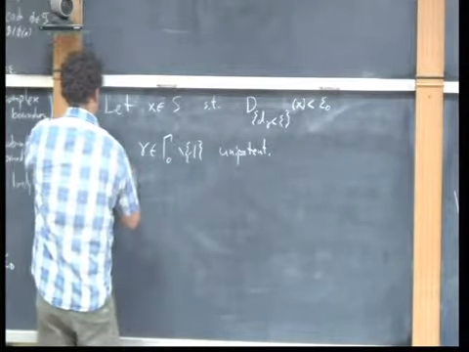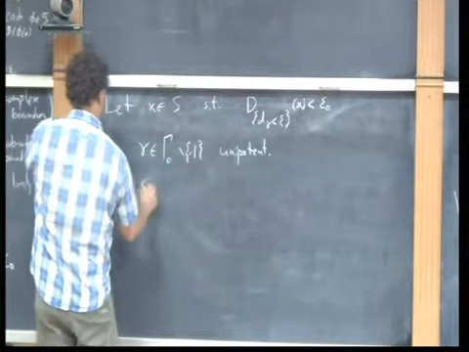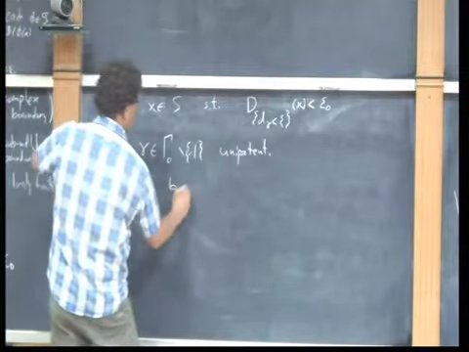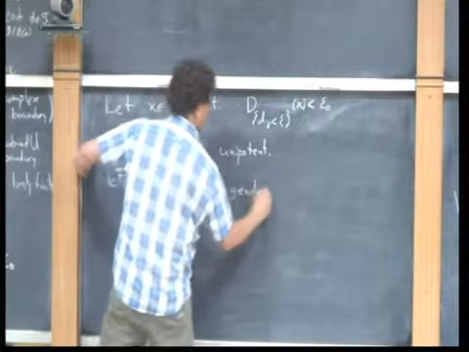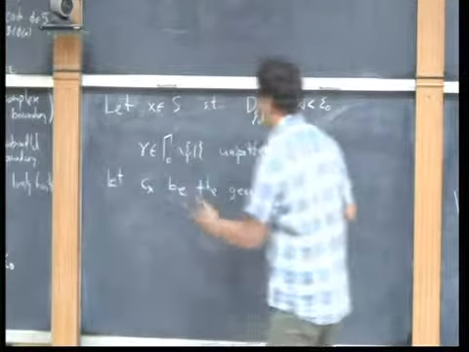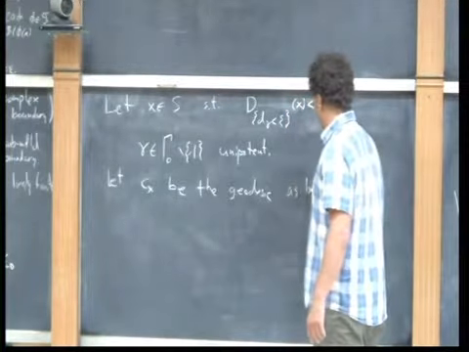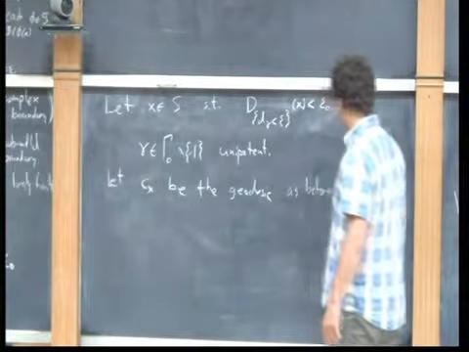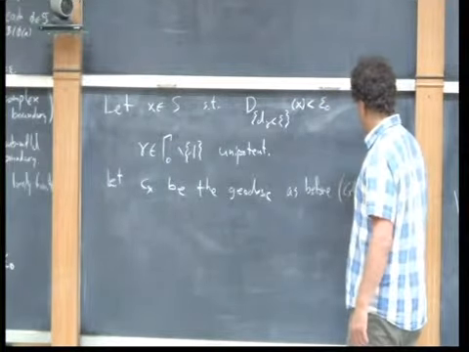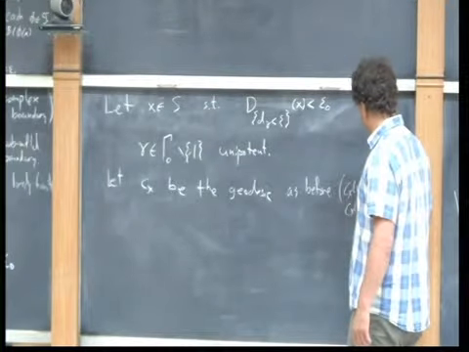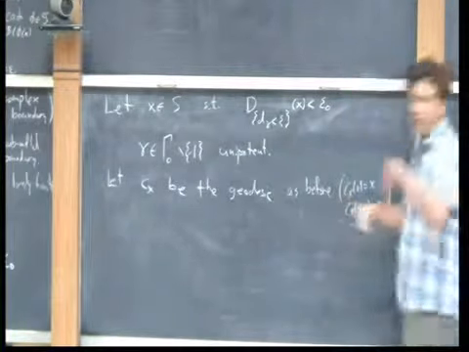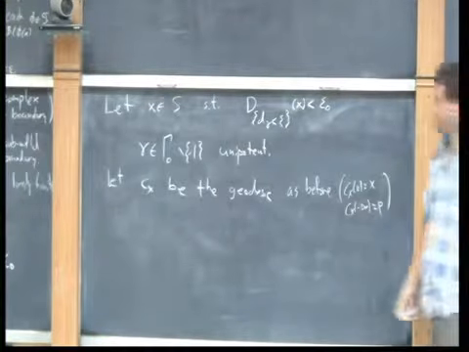Let Cx be the geodesic as before. So Cx at 0 is x, and Cx at minus infinity is the point which is the center of this function.